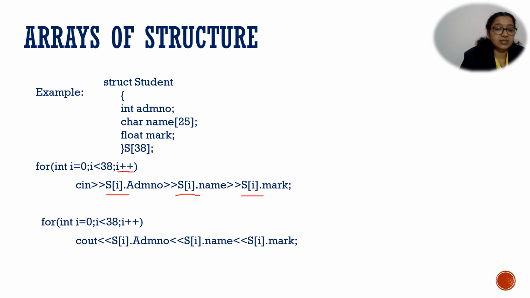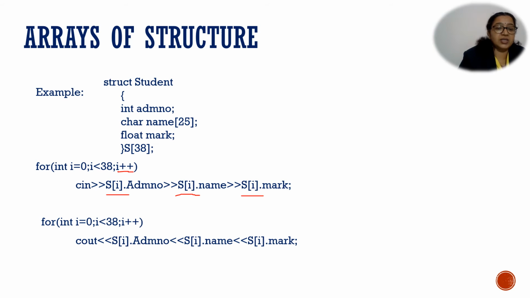Again, it is less than 38, so cin S of 1 dot admission number, S of 1 dot name, S of 1 dot mark. So the statement will repeat till I is equal to 37. Understood now? Where we put the index number with the structure variable, then after that put dot, then the element name.